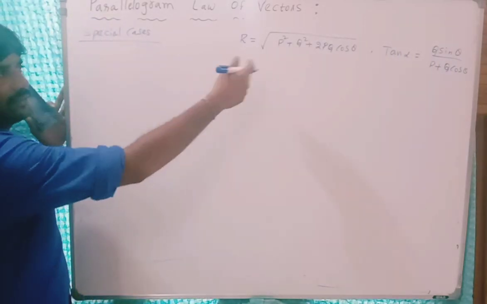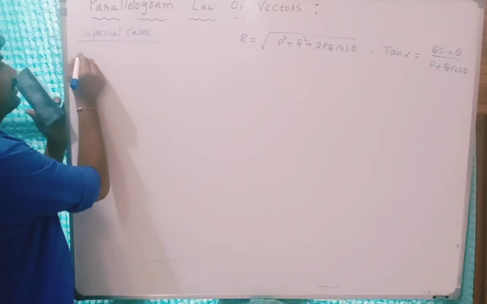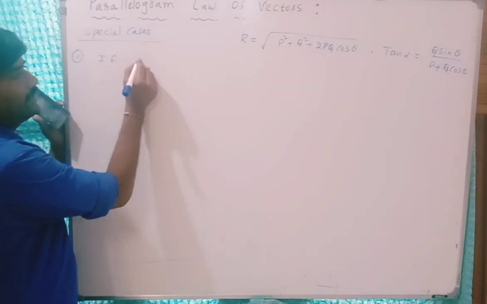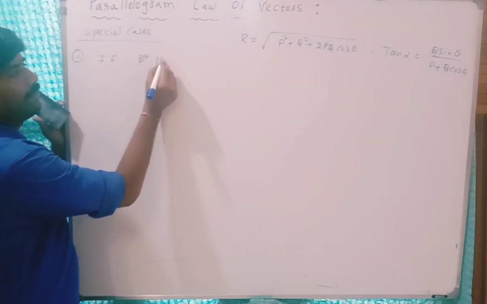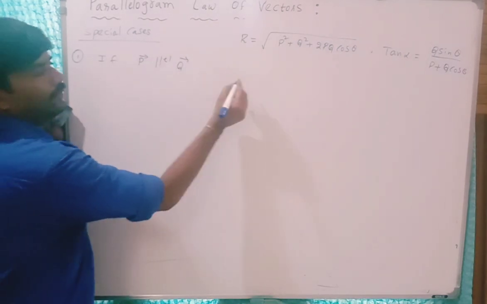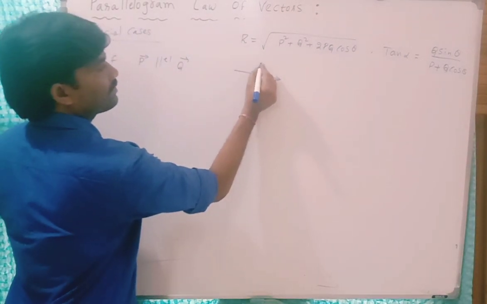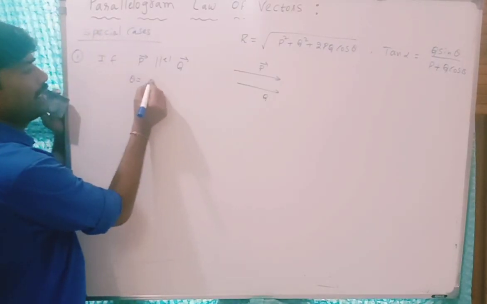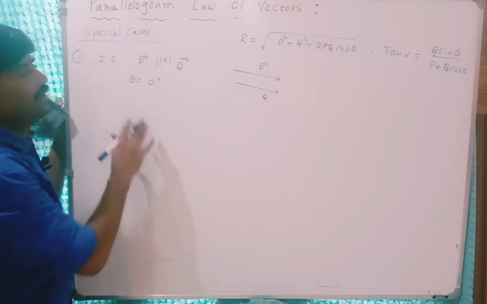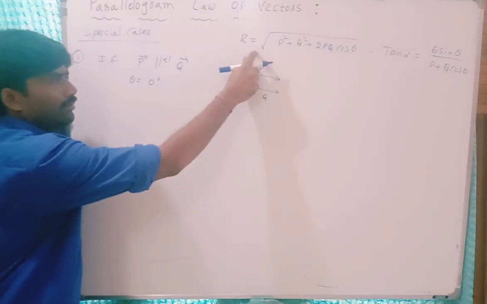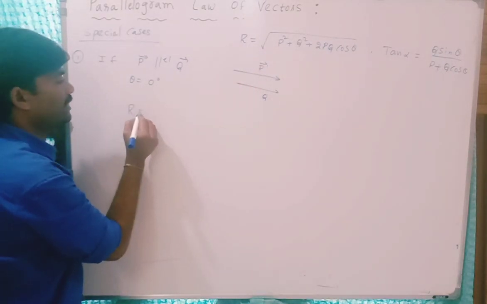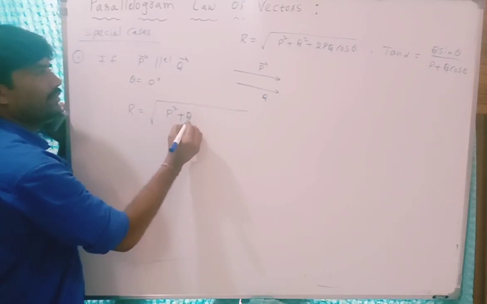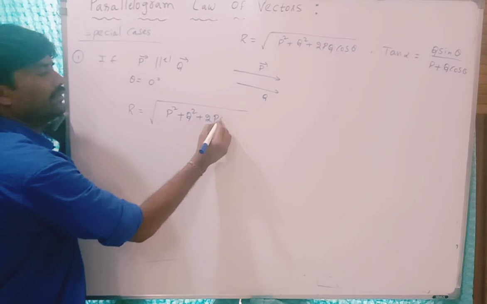Now, cases on these two equations. First one, if two vectors are parallel, if p bar is parallel to q bar, if both are in the same direction like this, then the angle between the two parallel vectors is 0. If the angle is 0, then the magnitude of the resultant of these two vectors is root of p square plus q square plus 2pq cos 0.